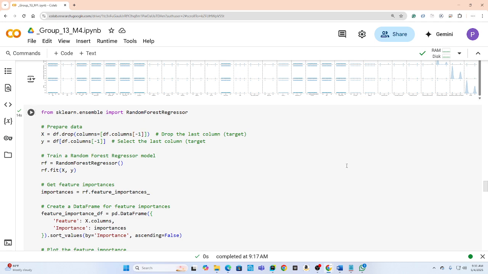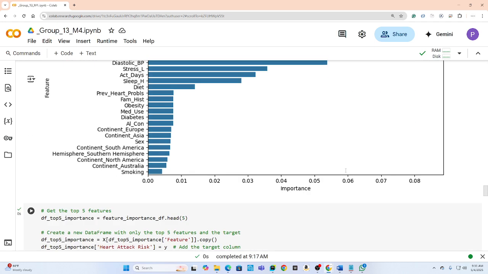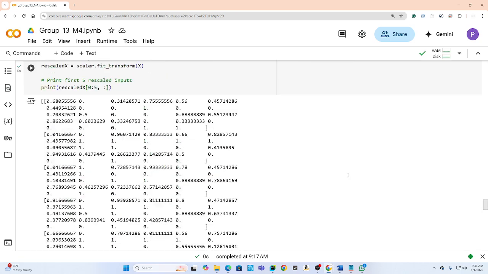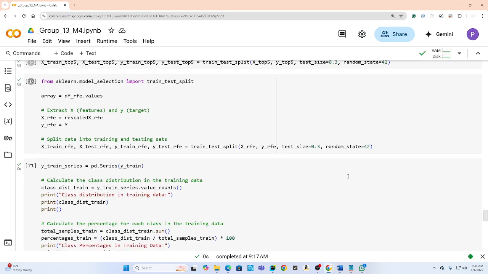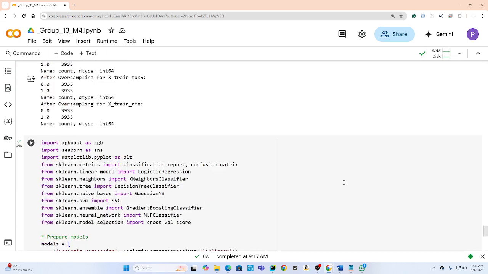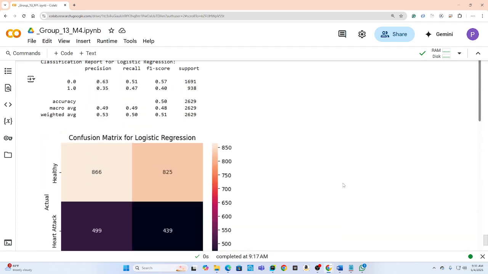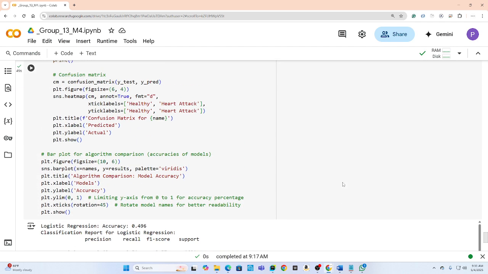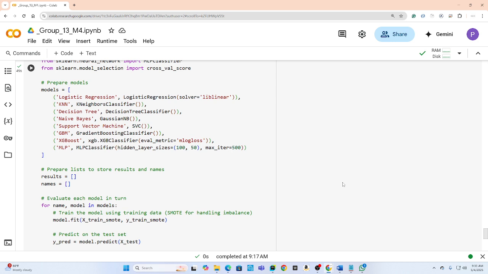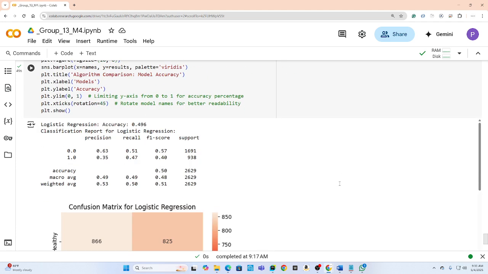Okay, so now in terms of modeling the target, we compared different types of models to see which one delivered a better result, and we ran different types of models, including a decision tree, naive Bayes, support vector machine, nearest neighbor algorithm, and logistic regression.